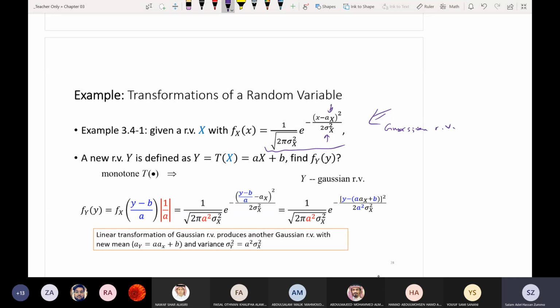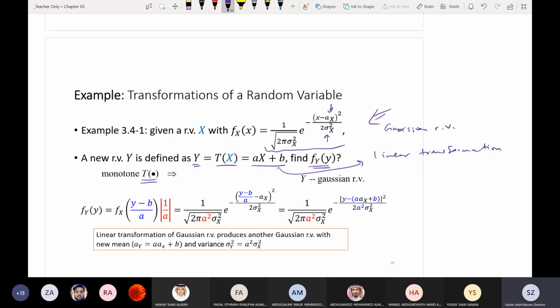Now we define Y, which is T of X, as aX plus b, which is a linear transformation. هذا نسميه linear transformation. Why is it linear? Because the function is linear. Amplification plus bias. We are interested in finding f_Y(y), which is the PDF. So the first thing we ask ourselves, is this T of X monotone or not? Monotonically increasing or decreasing or not?